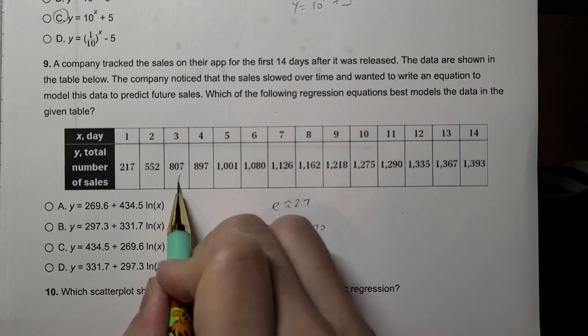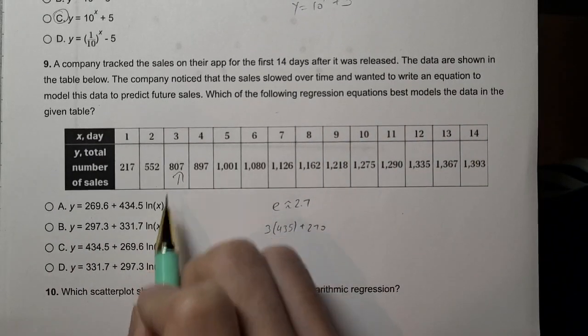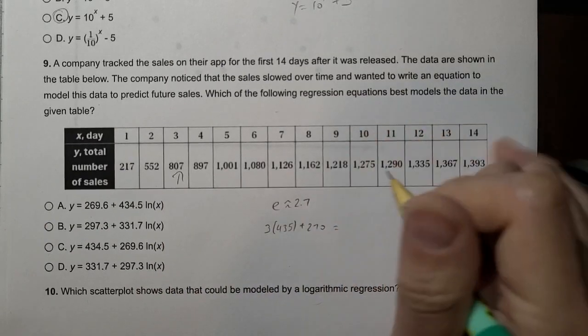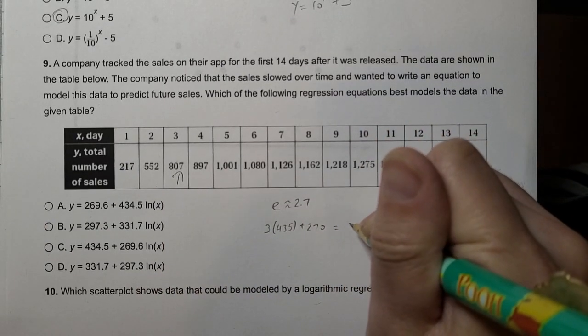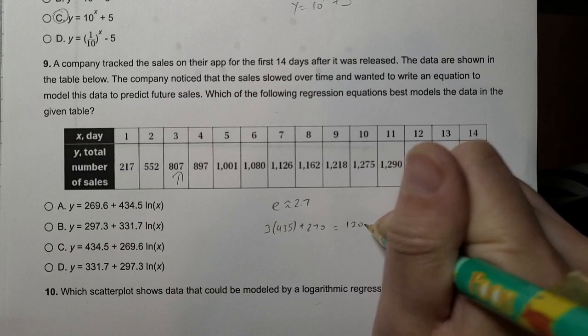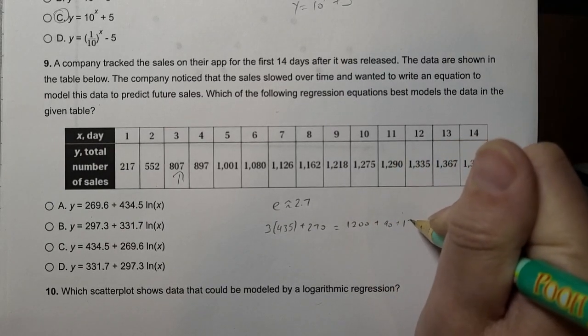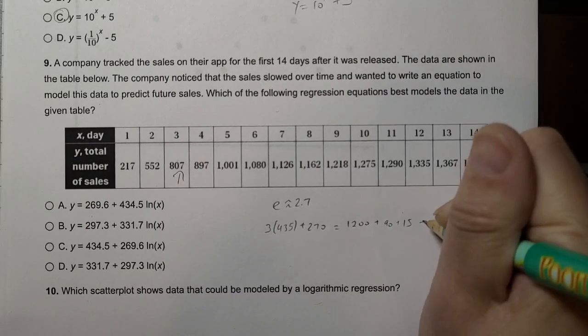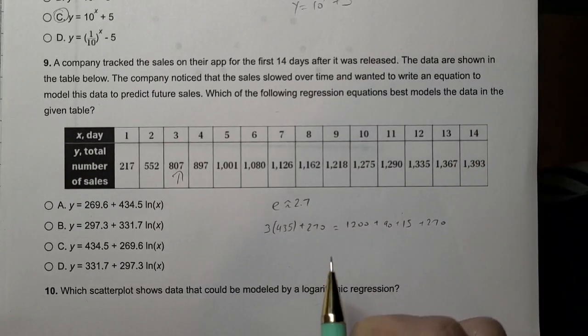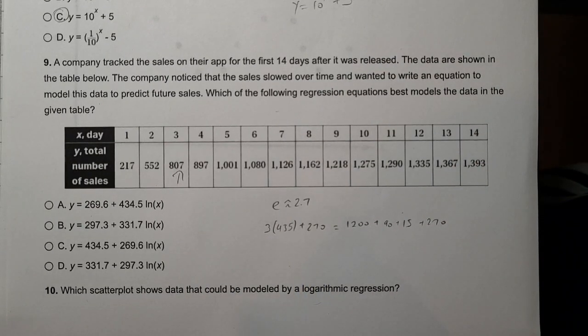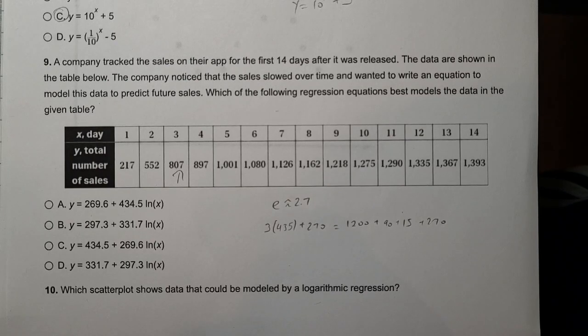Does it equal, or is it close to this one? This would be 1200 plus 90 plus 15 plus 270. So that is much bigger.